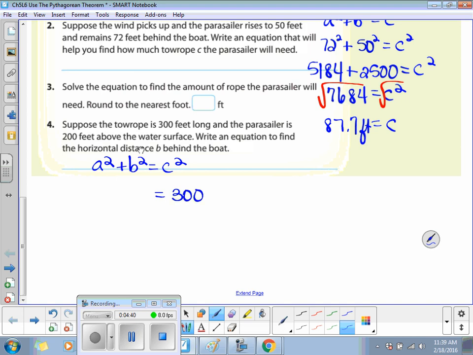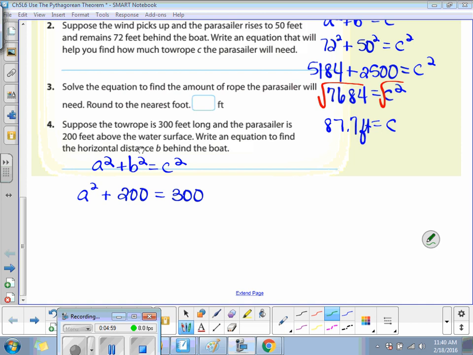The parasailer is 200 feet above the water, so we have the 200 here. And it says write an equation to find the horizontal distance. So plus A squared. Okay? We have to square those too.